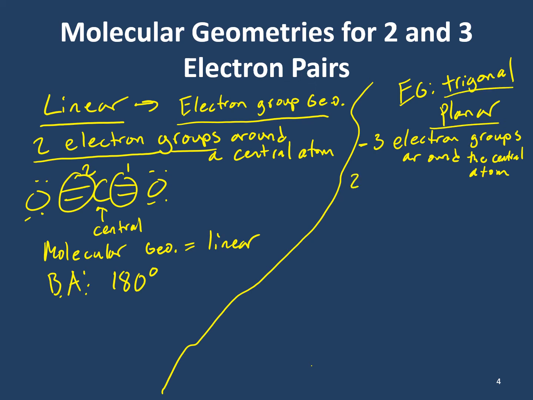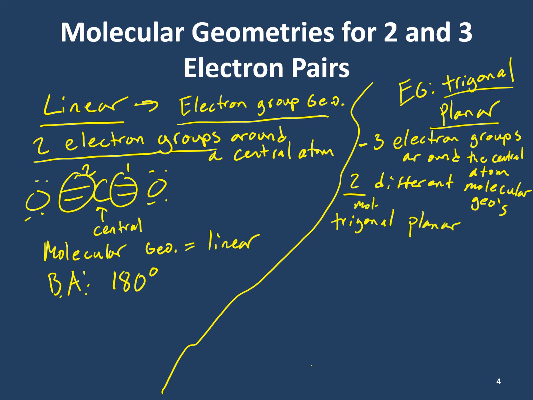There are actually 2 different molecular geometries possible if you have a trigonal planar electron group geometry. That's great, but you could have one of 2 different molecular geometries. Now, the first one that I'm going to talk about is trigonal planar.